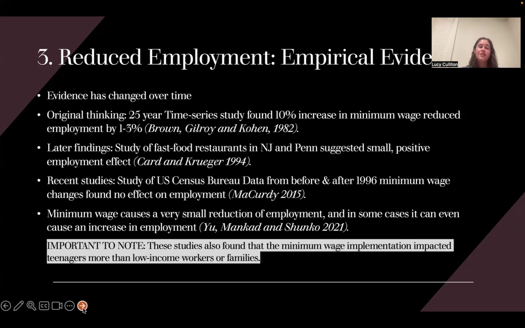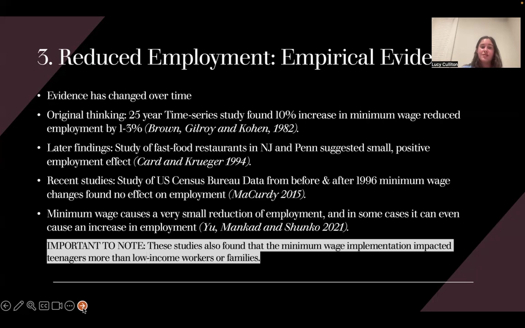However, later findings from a study of fast food restaurants in New Jersey and Pennsylvania suggested a small positive employment effect. More recent studies, like the study from the US Census Bureau data, from before and after the 1996 minimum wage changes, found no effect on employment.